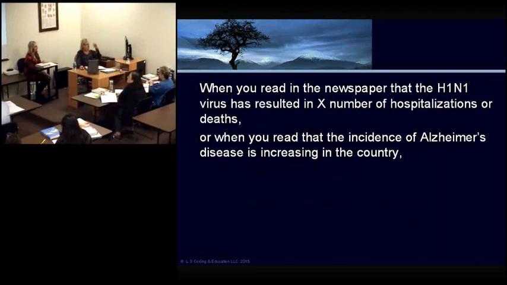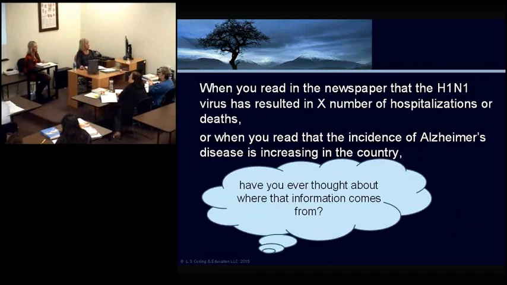When you read in a newspaper that H1N1 virus has resulted in a number of hospitalizations or deaths, or that the incidence of Alzheimer's disease is increasing in the country, where do you think they get those numbers? That information comes from ICD-9 diagnosis codes that coders have coded. So it's important to learn to code as specifically as possible, and to always use the most specific code, because we see a lot of that in a coding contract we have right now.